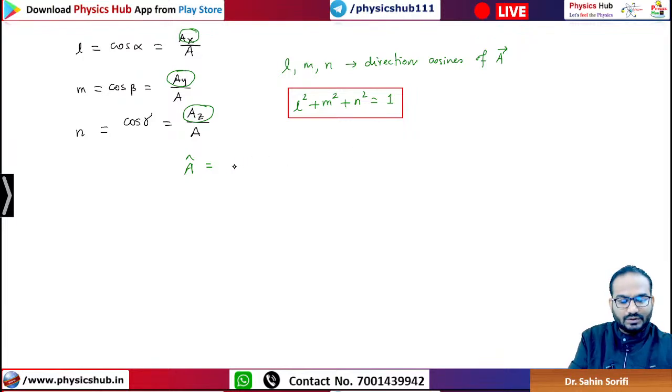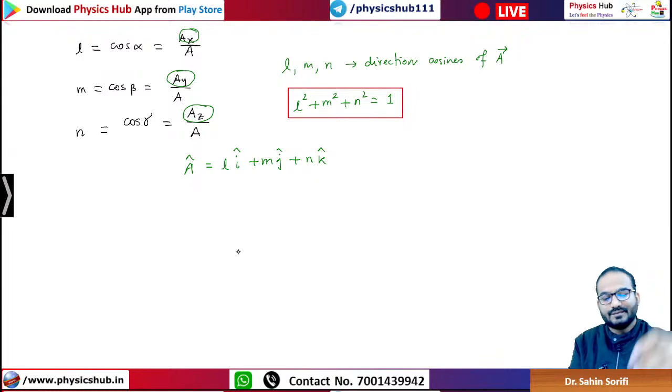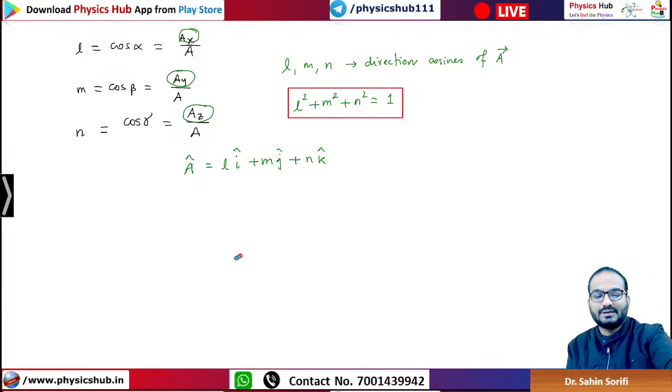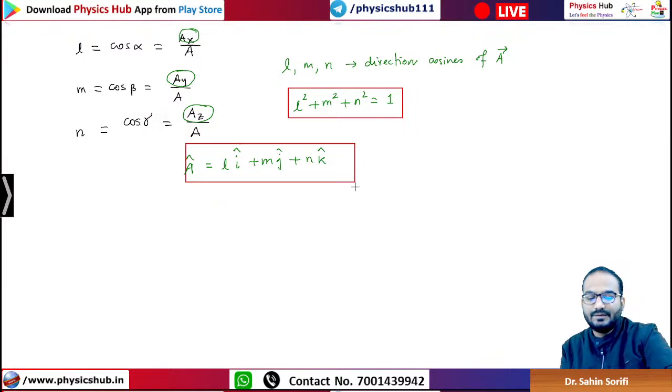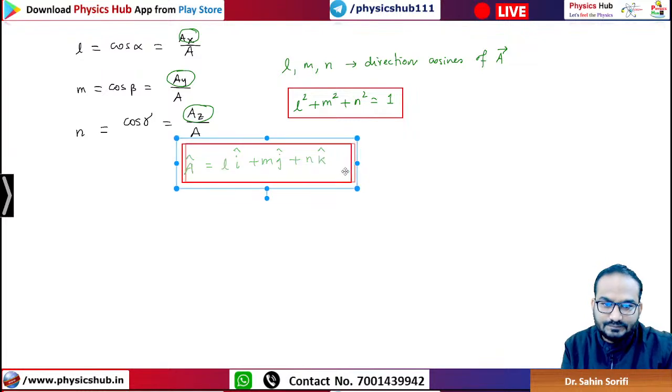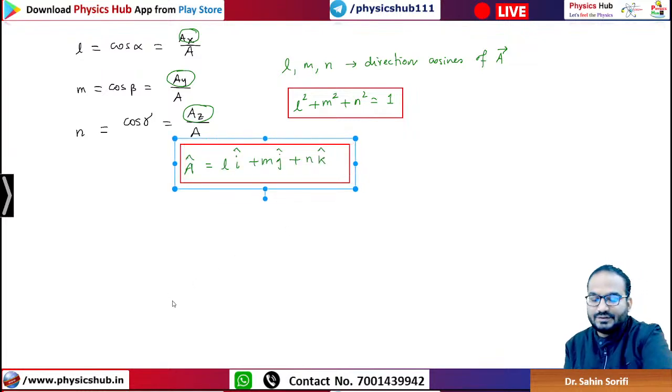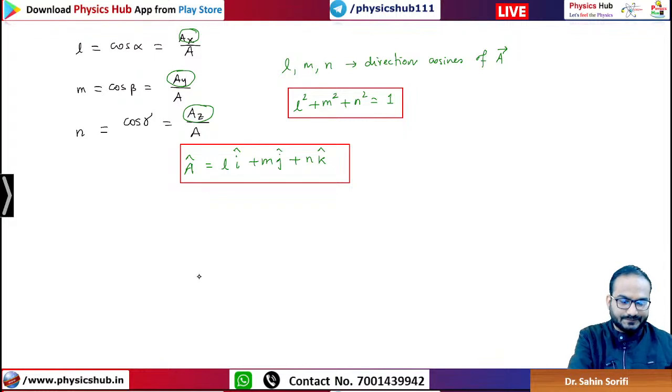So can we not write it this way: L i cap plus M j cap plus N k cap. In this way you can express the unit vector along A in terms of the direction cosines. So this is the concept of direction cosine. I hope you understood.